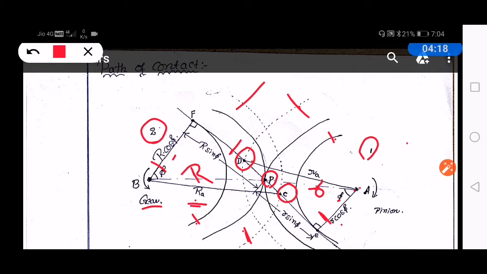Small RA is the addendum circle radius of the pinion, capital RA is the addendum circle radius of the gear. R cos phi and R sin phi you can easily indicate from the triangle BFP. Here I have a right angle triangle, and the adjacent side is R cos phi, the opposite side is R sin phi. Similarly here also, the adjacent side is r cos phi and the opposite side is r sin phi. This is the diagram. If you can draw this diagram, we can do the derivation easily.